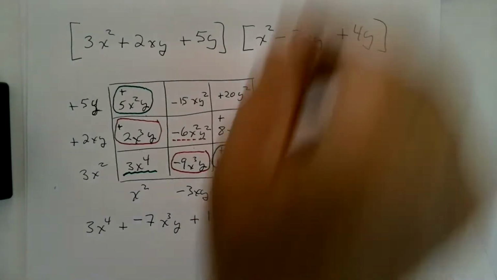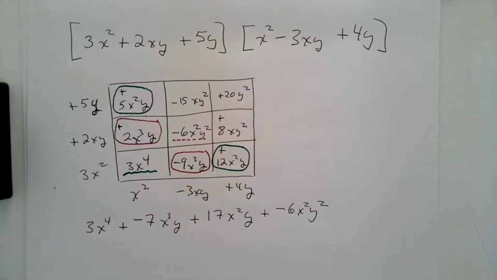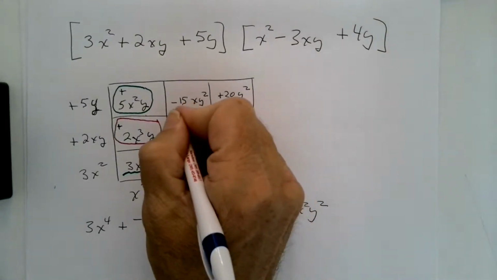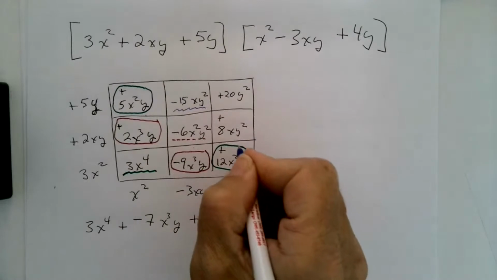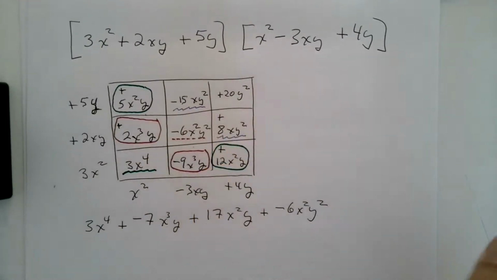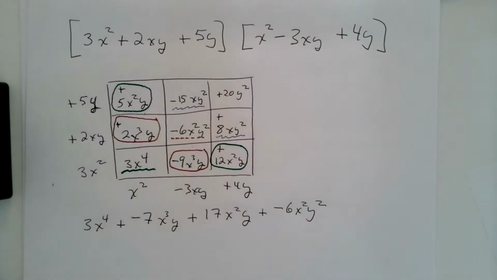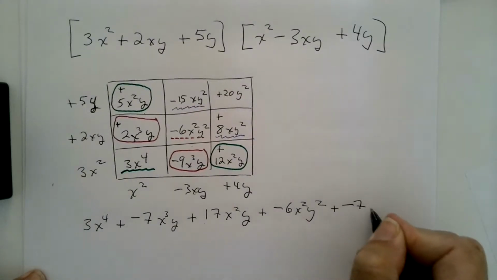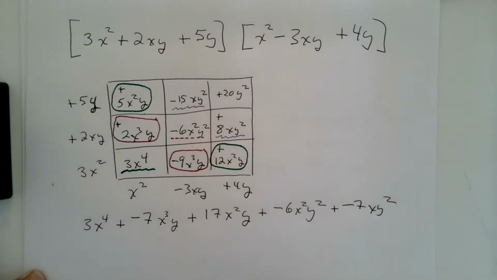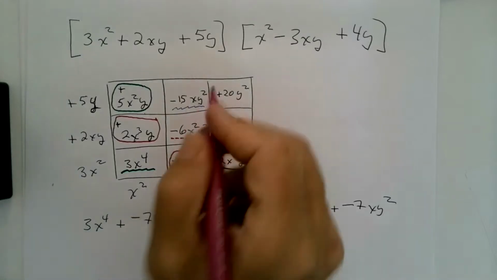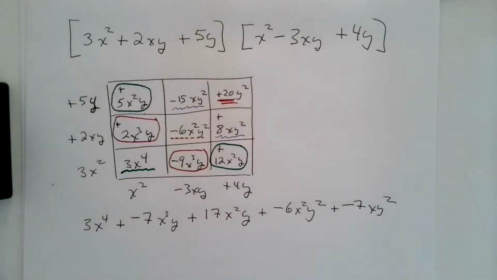Then we have the xy squared guys. I have an xy squared guy here, and I have an xy squared guy there. Negative 15 and 8 would be negative 7xy squared. And then the last piece that I have is right here, which is 20y squared.